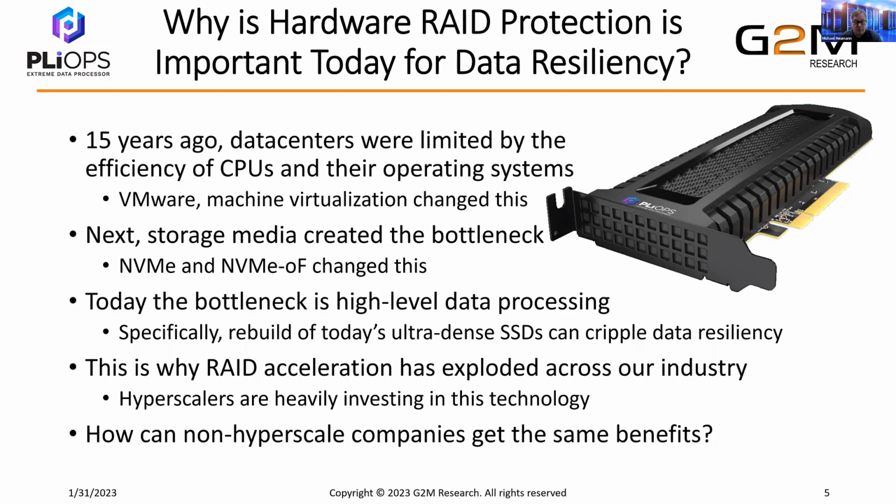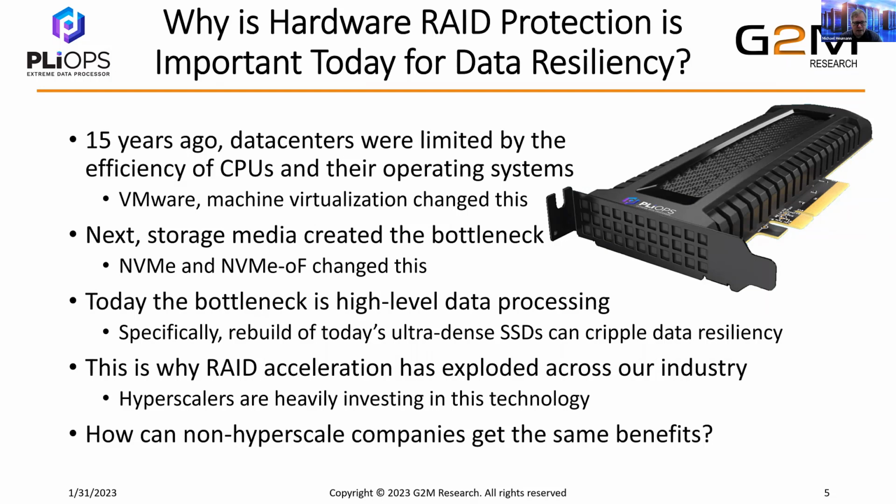That's why you see a lot of people in this industry, especially in hyperscalers, building acceleration products around these things, whether it's networking or storage, very high-end products that actually accelerate that higher level work to get rid of that bottleneck. Hyperscalers, like I said, have heavily invested in this technology. They're putting a lot of money into it. So the question is, how can non-hyperscaler companies get the same benefits? And that's why we're here talking with Pliops today.